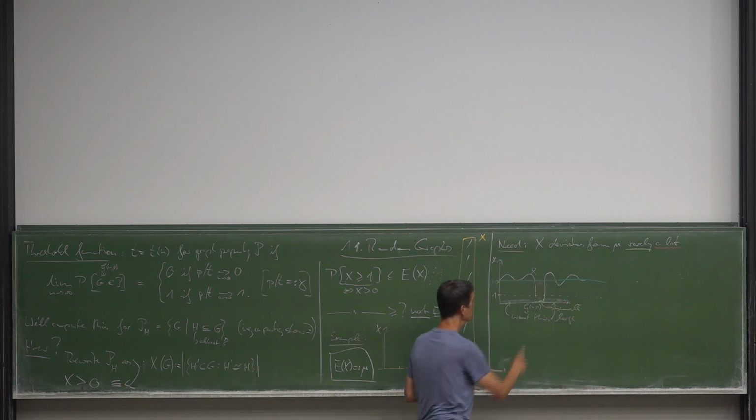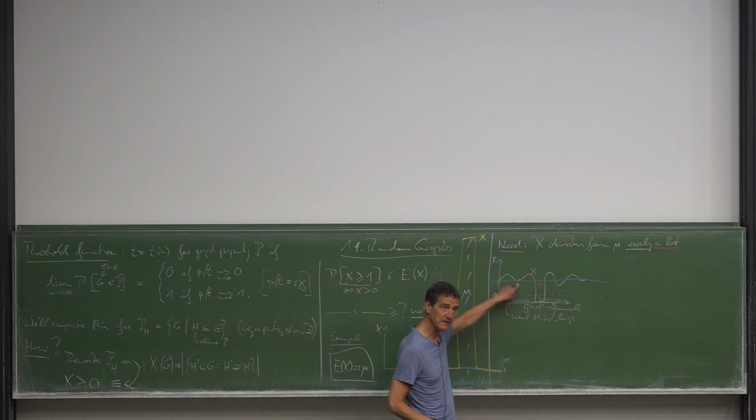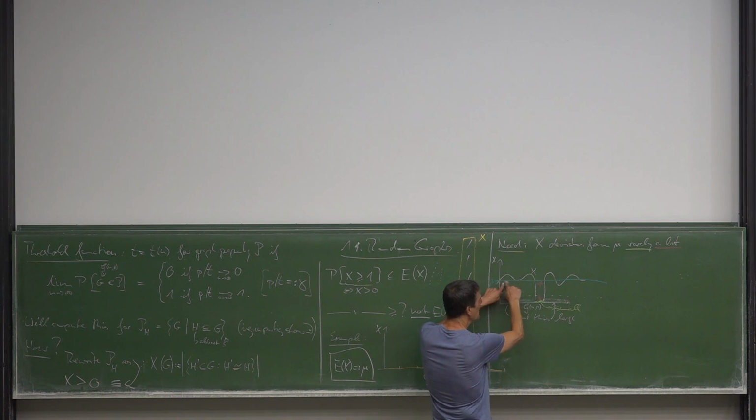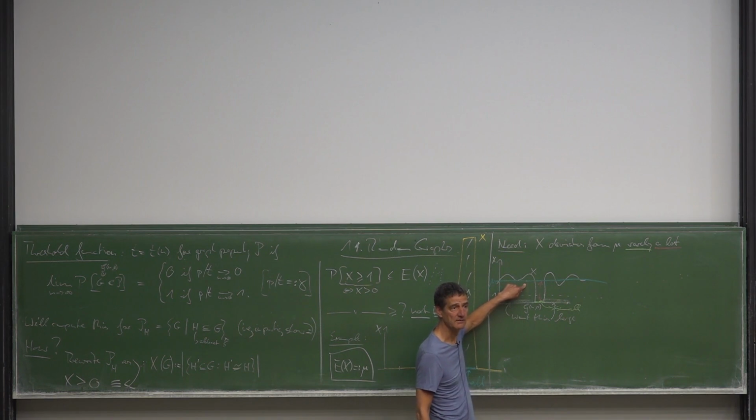The measure of those g where x is bigger than 1, or is bigger than 0, is at least 1. And we get that by saying, well, yes, it's certainly at least 1 whenever x deviates only a little bit from its own mean, assuming the mean is positive.